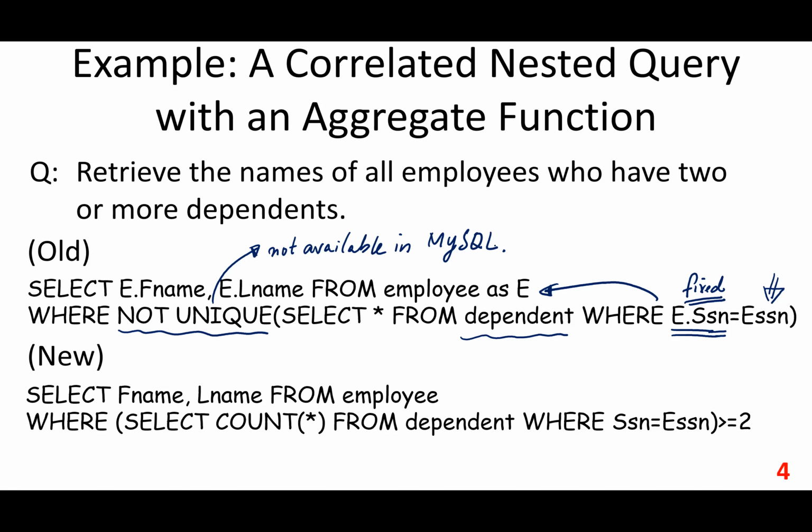Yeah. So the second way we write this one. Here, the inner query uses the aggregate function count, and you can imagine when you work on the condition, you fix the E.SSN, the tuple in the outer query.